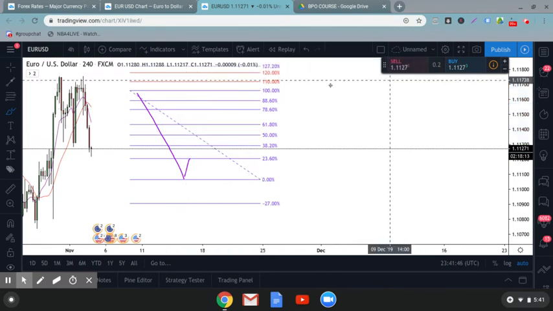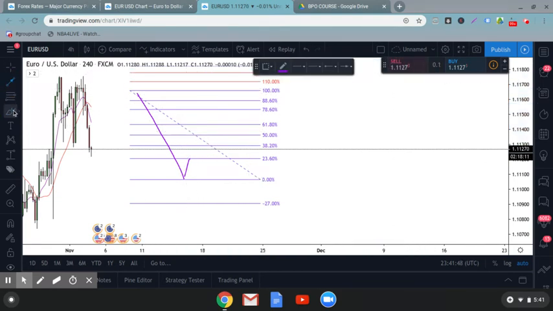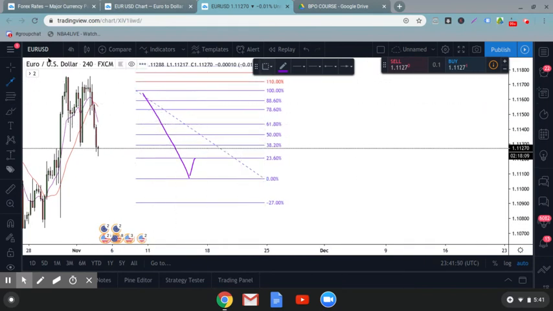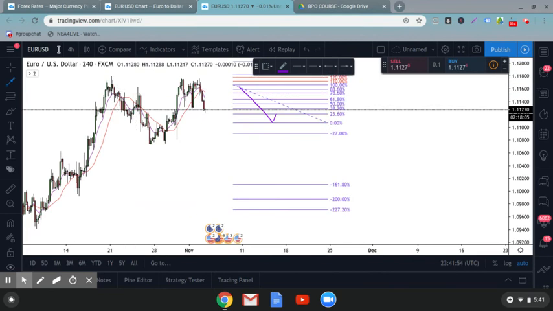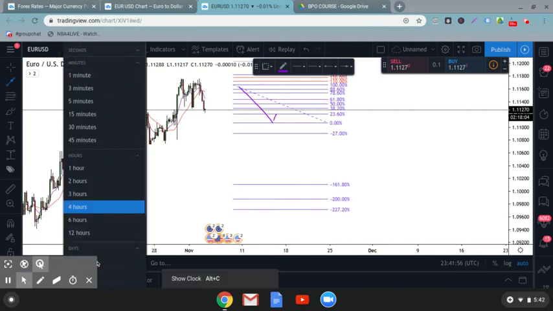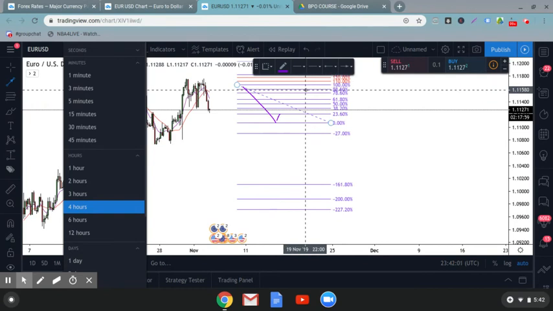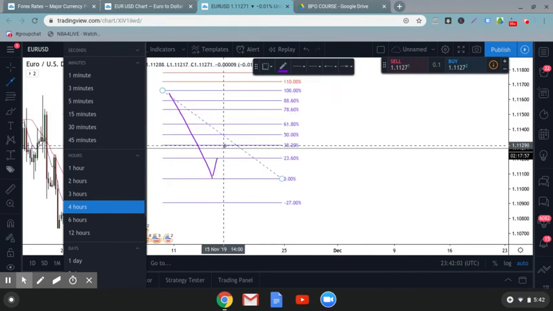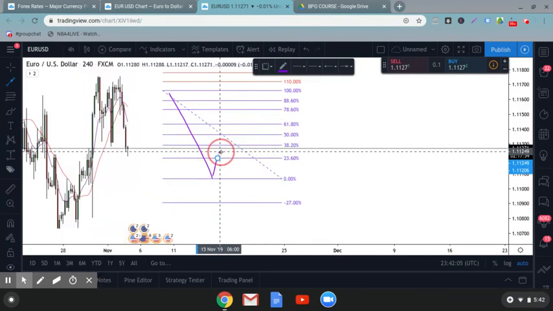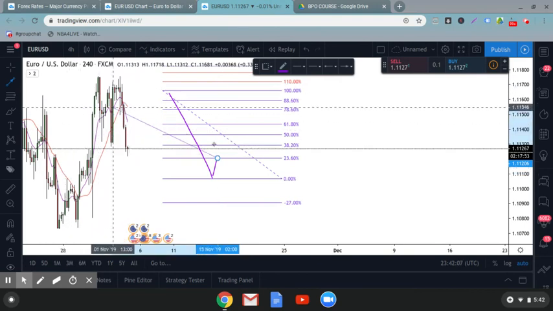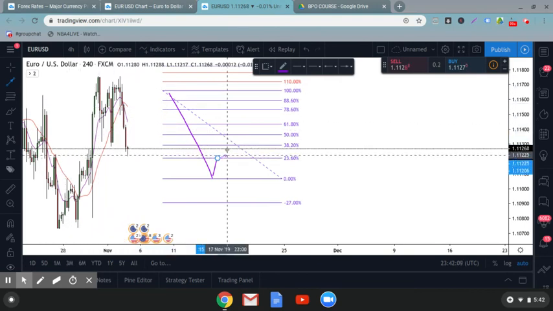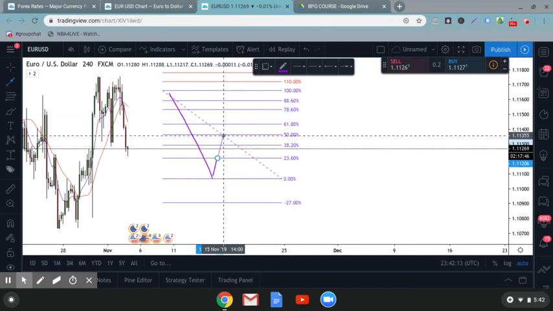Because I always say we can catch it both ways. If you have the proper analysis, you can have the overall market be in, say, a downtrend, right? And you want to catch a big sell on this from the 88.6, but it's down here by the 38.2. This is not the same thing, but let's just say price is here. This is price, and we want to see it retest a little bit higher.